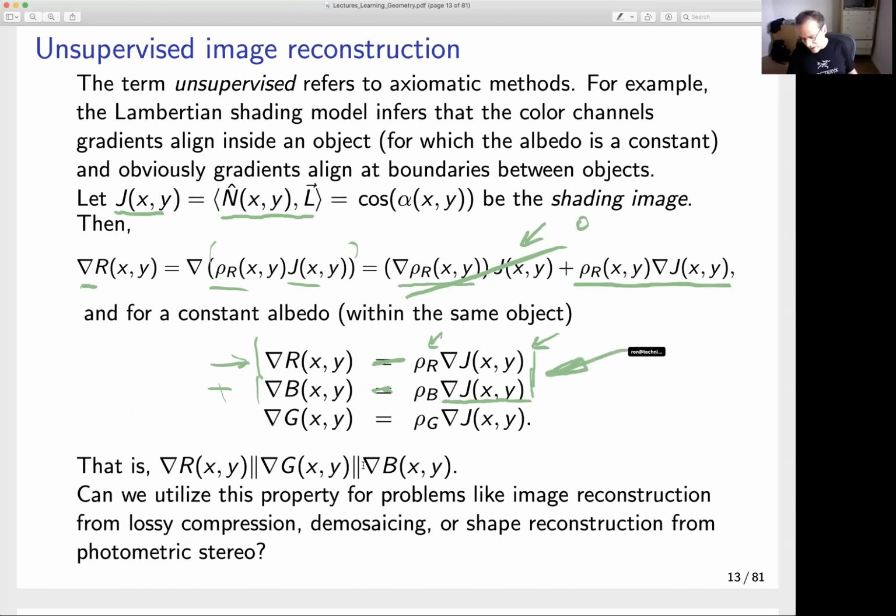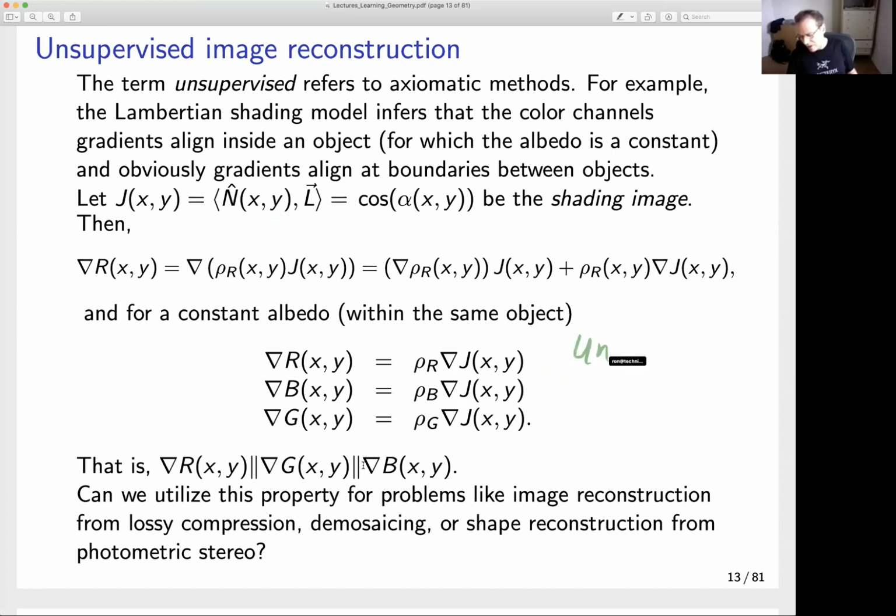So again, this is an image formation model that we can use in order to do unsupervised training, by taking this kind of equation and feeding it aside from the big data that we are feeding the network.